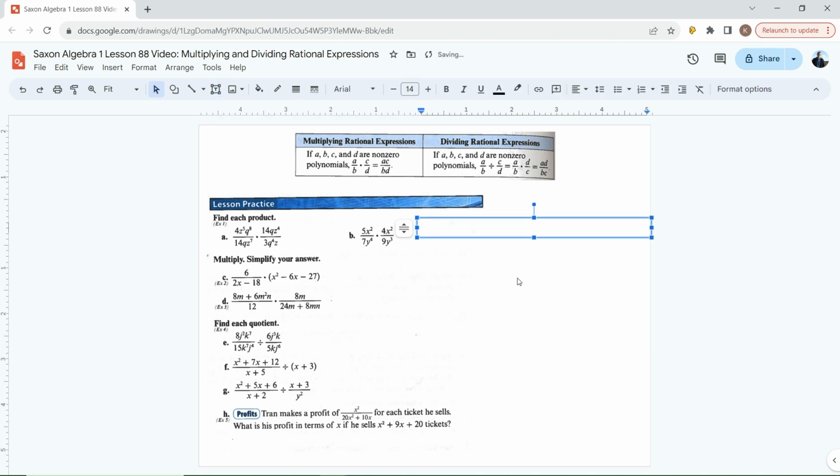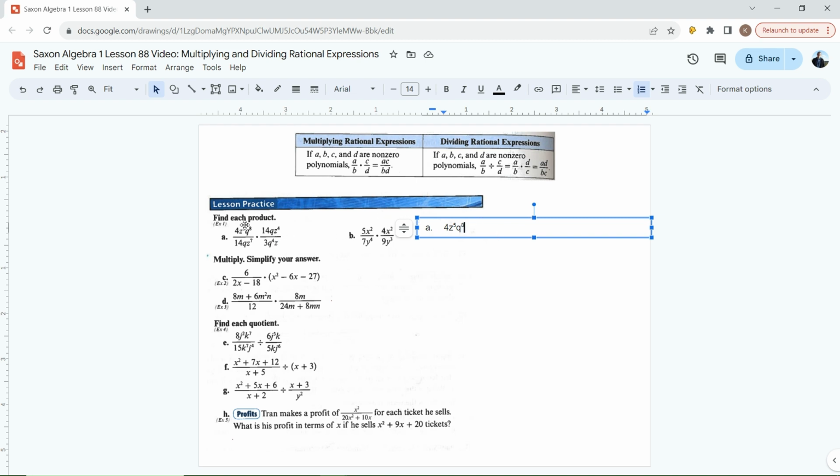Letter A. For letter A, we have these terms, 4z to the fifth, q to the eighth. And what I'm going to do is just multiply these together right away. So 4z to the fifth, q to the eighth times 14 q z to the fourth. Okay, so hold on a second.